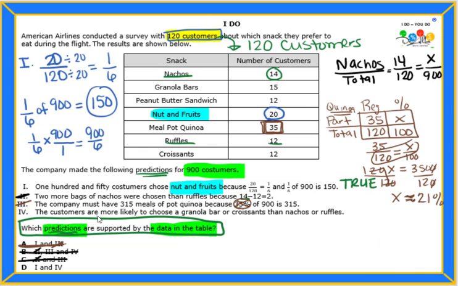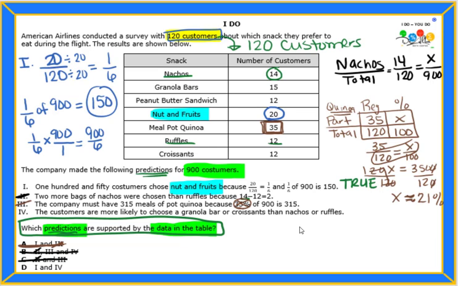It says the customers are more likely to choose granola bar or croissants than nachos or Ruffles. So in this table, we have 120 customers, but the ratios for these items and the ratio on 900 customers will remain the same. Okay, the ratios will remain the same even though the numbers will change.